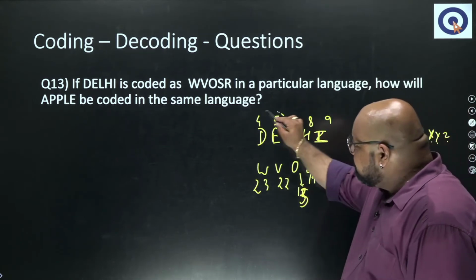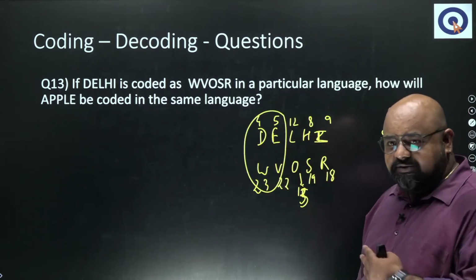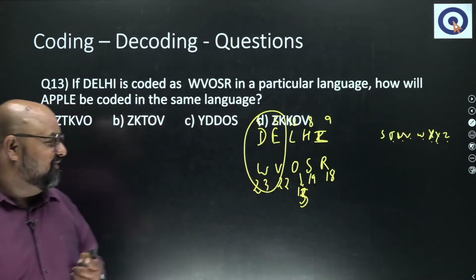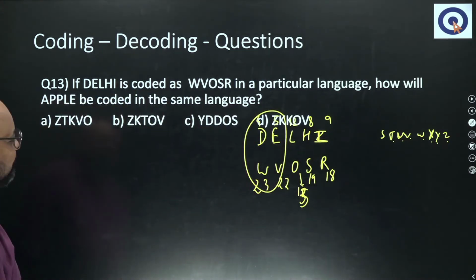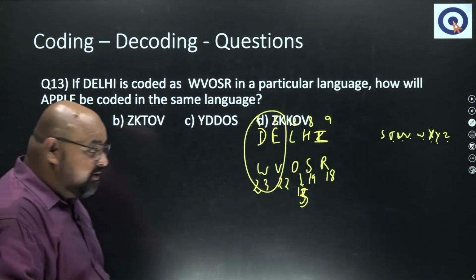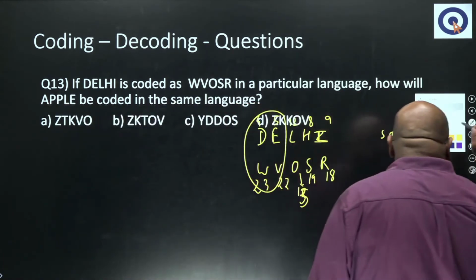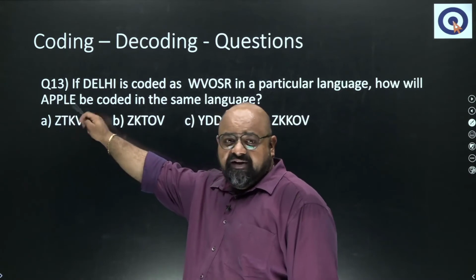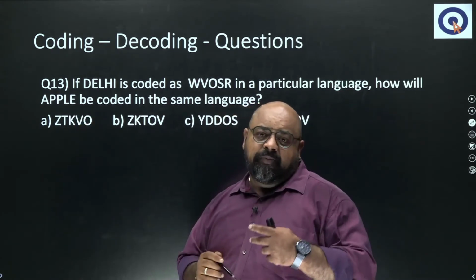Actually, for me, it was settled here only. The rest, I was just putting numbers. So it is easier to see the extreme values, right? How will Apple be coded? Again, I don't have to get into the code too much here for the simple reason that P will be coded with the same alphabet because the same process is happening.